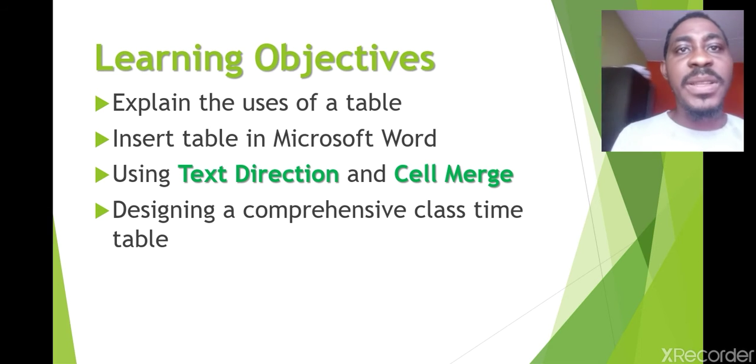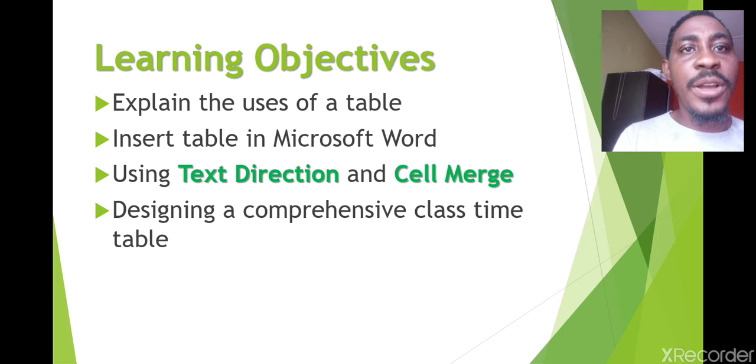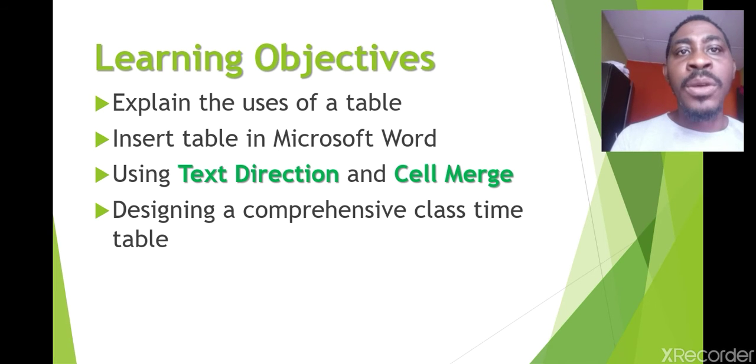Pupils are also expected to be able to insert table in Microsoft Word. Pupils are expected to be able to use text direction and cell merge in Microsoft Word, and you should be able to design a comprehensive timetable in Microsoft Word after this class.